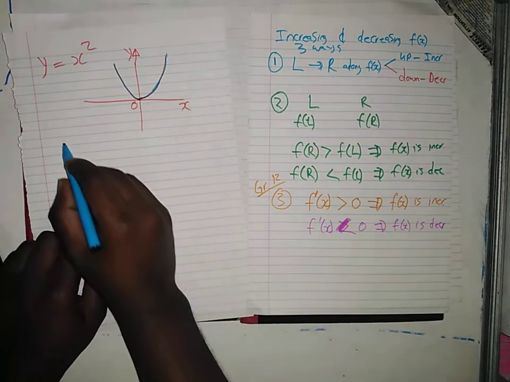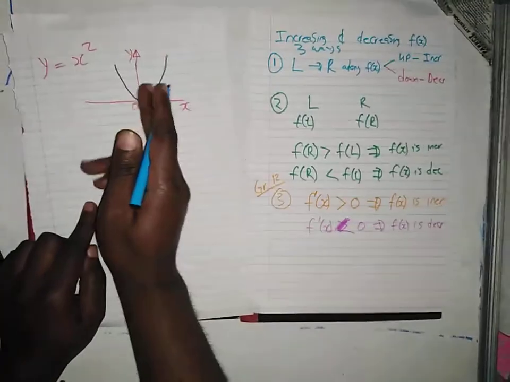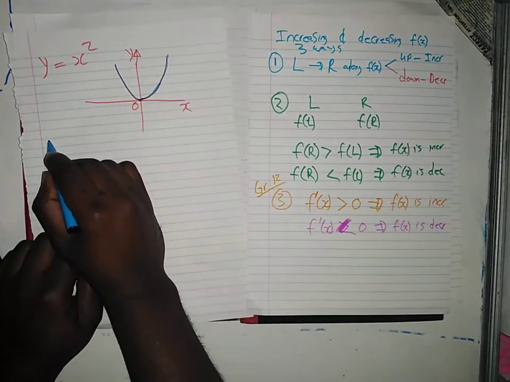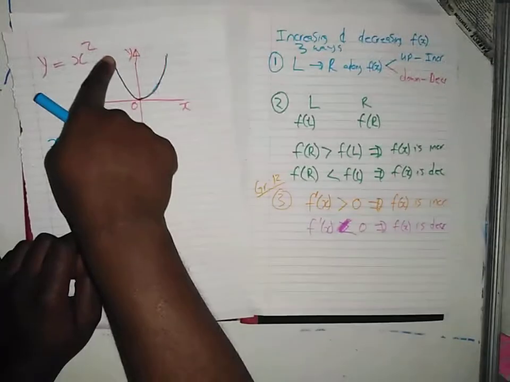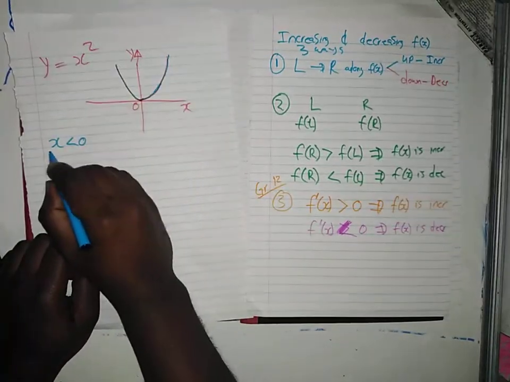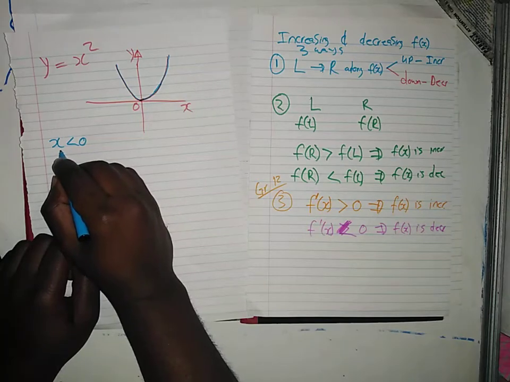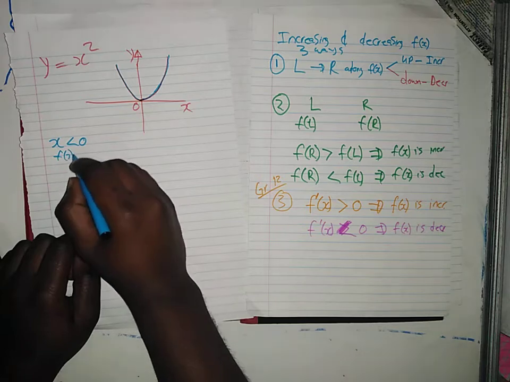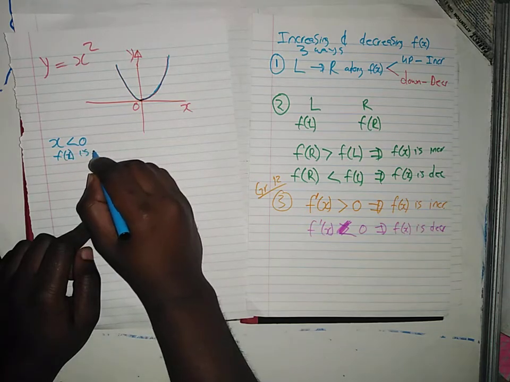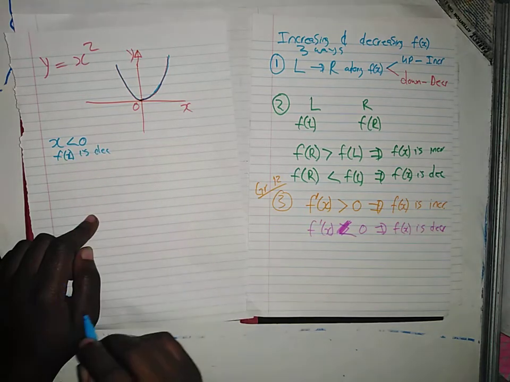For example, in this particular case, on the positives, remember positive is where x is less than 0. So on the positive, we can see that we are going down. So what is happening? f at x is decreasing.